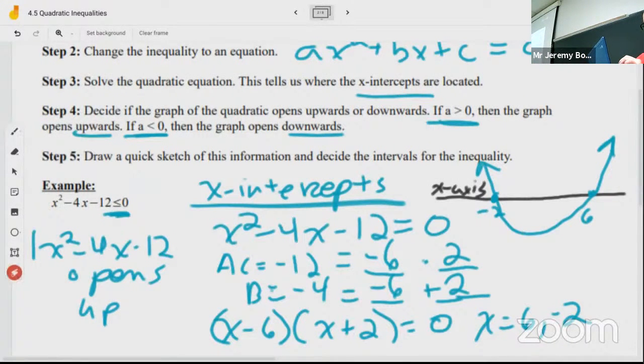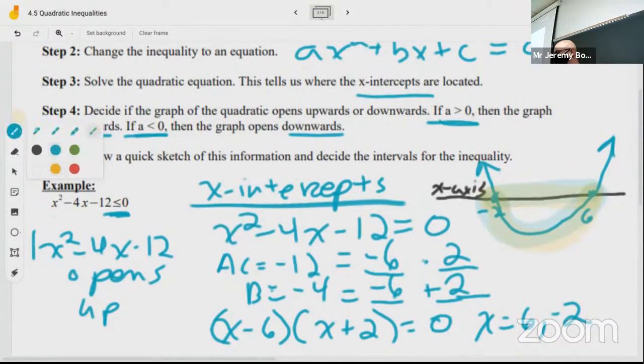Well, it's above the x-axis here and here, but in between is below. So that means that it is below or equal to on that interval right there. And so that means that the interval in which it is less than or equal to 0, on the x-axis or below the x-axis, is from -2 to 6.